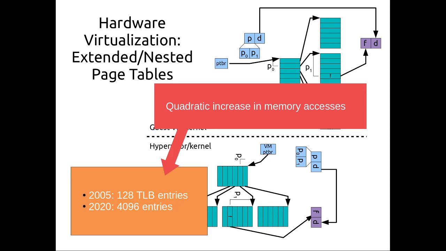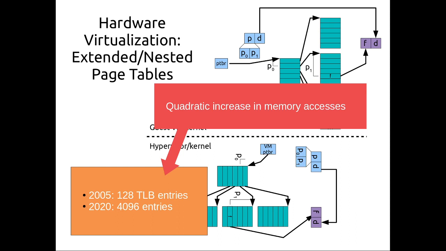So correspondingly, we saw in around 2005 that we had like 128 TLB entries on a lot of systems. And around that time is when people started pushing into hardware this notion of hardware virtualization extensions or hardware acceleration for virtual machines, including nested or extended page tables.